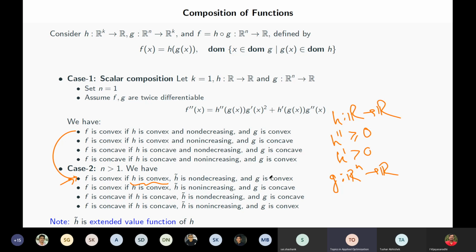So if g is convex, then we will have grad square of g here, and by convexity we mean that this will be positive definite. So actually we have to rewrite this in the multidimensional case. We have to rewrite a correct form of this, because this is the formula for the real case.